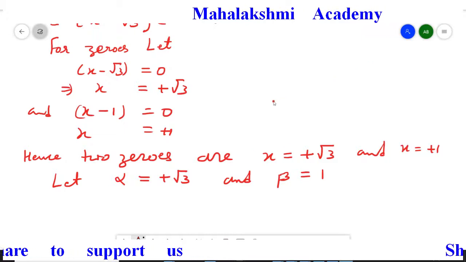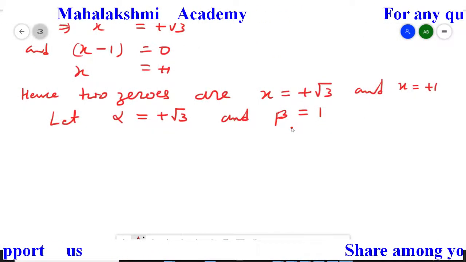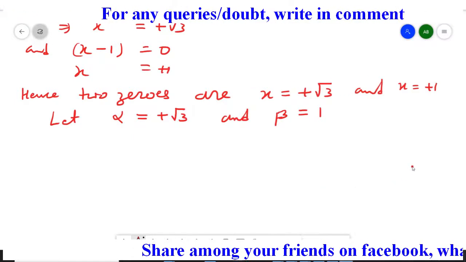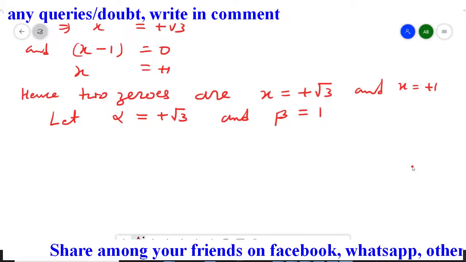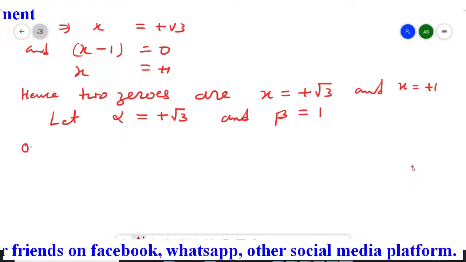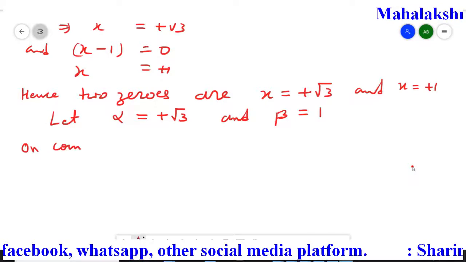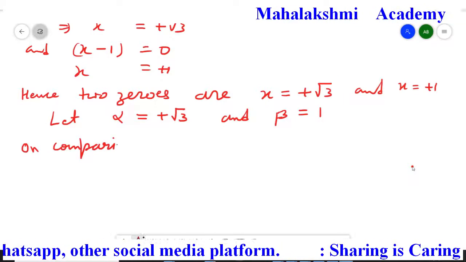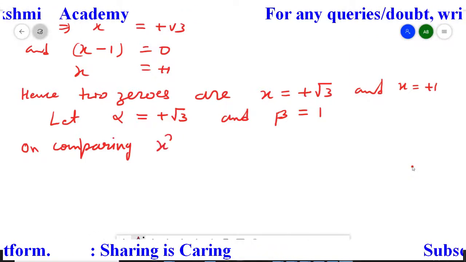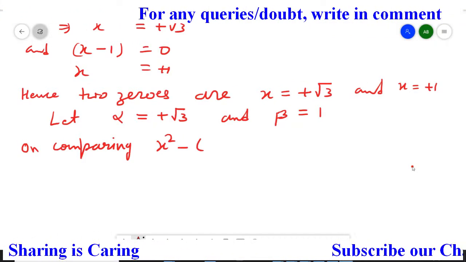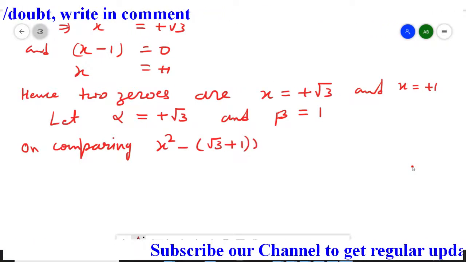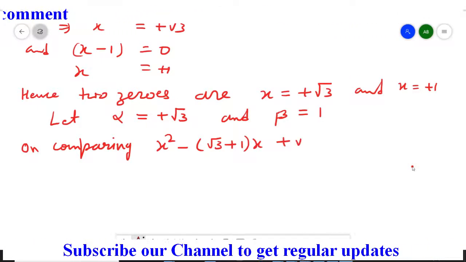Whatever be the given polynomial, we are going to compare that polynomial with the standard quadratic polynomial. So like this we have to write down. On comparing, we will write the given polynomial, that is x squared minus root 3 plus 1 x plus root 3.